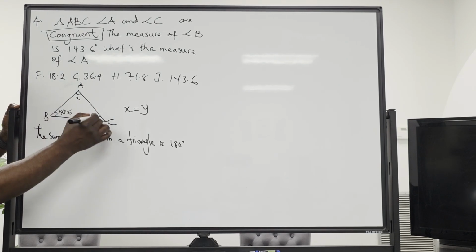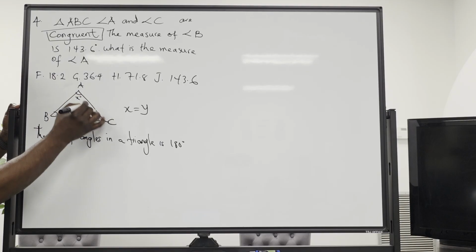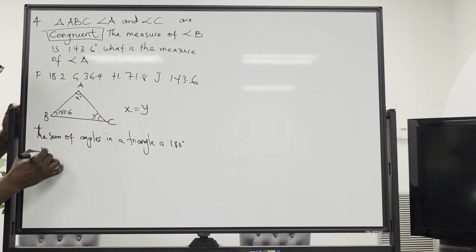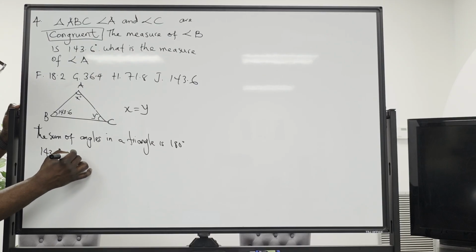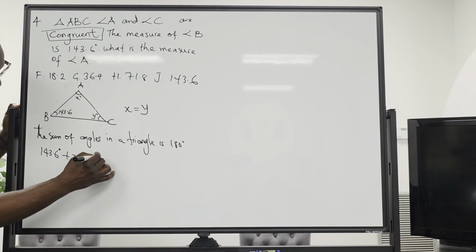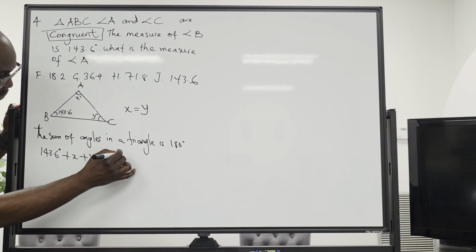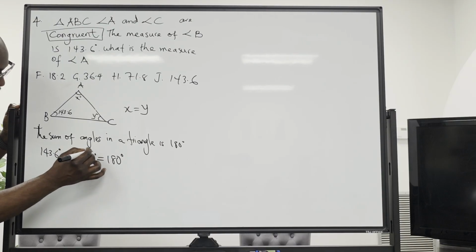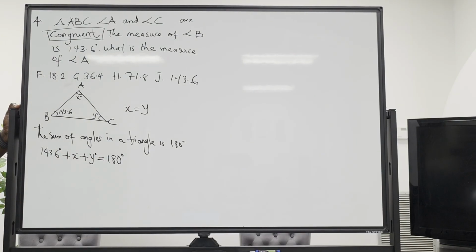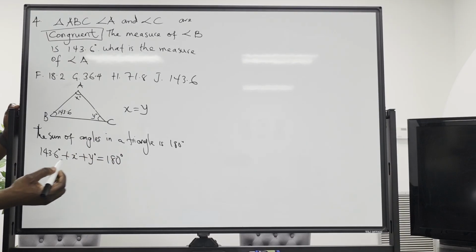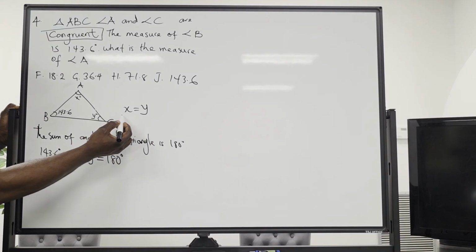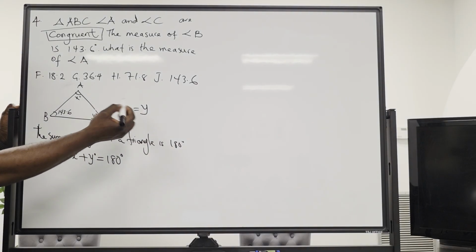So let's sum these three angles together. So you have 143.6 plus X plus Y is equal to 180 degrees, right? Remember, we said that the X and Y are congruent, which means they are the same. So anywhere I see X, I can substitute Y or vice versa.